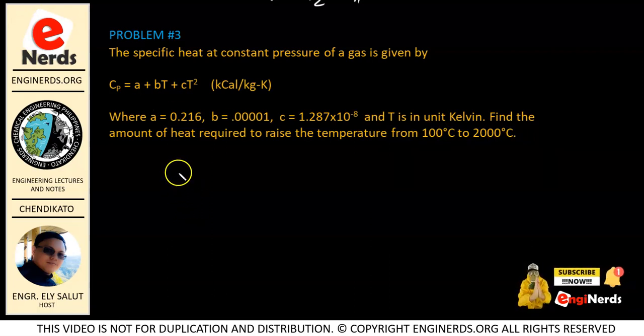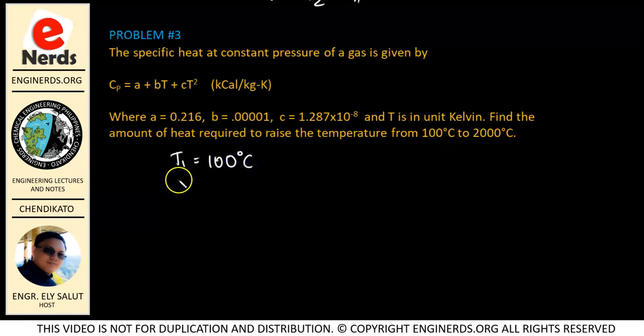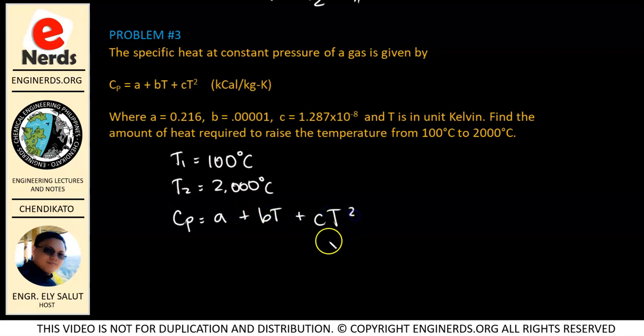Okay, so our given here is the initial and final temperature. So we have our T1, which is 100 degrees Celsius, and our T2 is 2000 degrees Celsius, and also our specific heat at constant pressure. It is given by this equation, which is A plus BT plus CT squared.